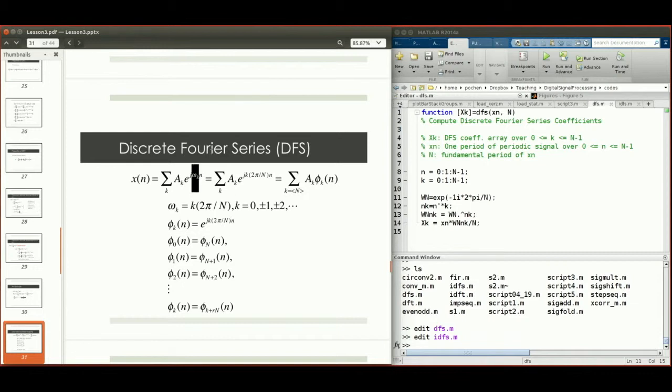When we did the inverse Fourier transform, omega k was basically an even sample from 0 to pi. Let's still do the same thing and take an even sample. So omega k equals k times 2 pi divided by big N. Big N is a constant, suppose 100 or 1000, it doesn't really matter.